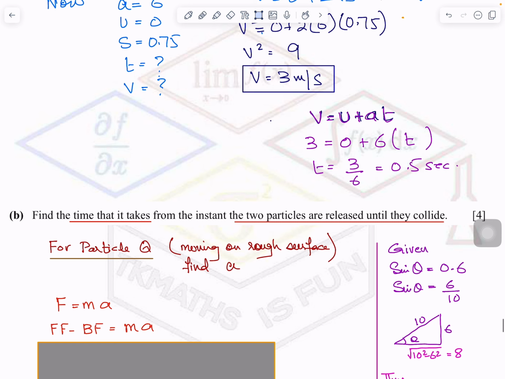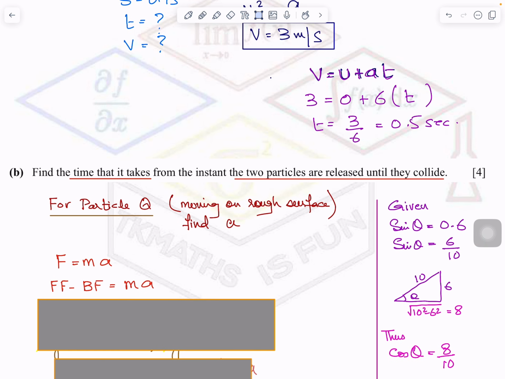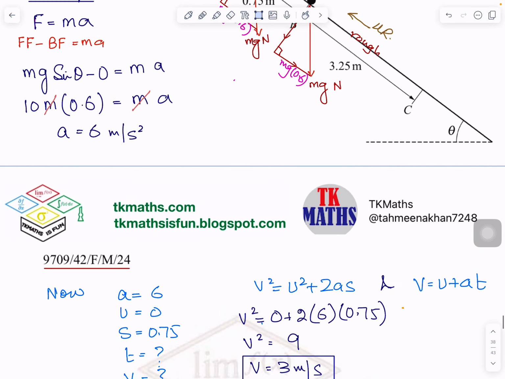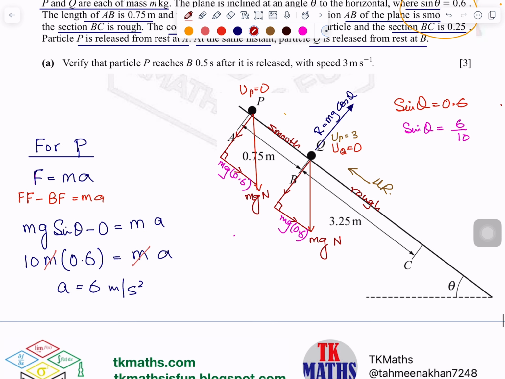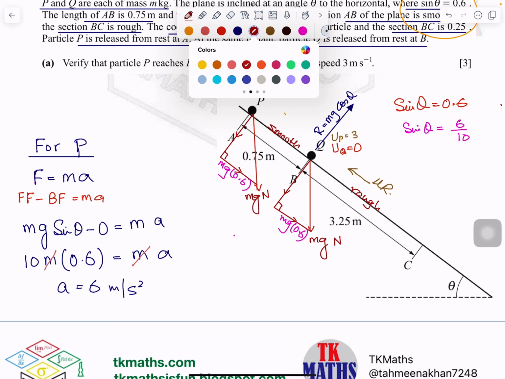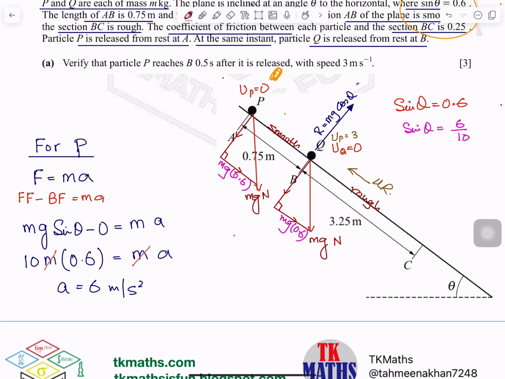Now part B. Find the time that it takes from the instant the two particles are released until they collide. Now what is actually happening here? Let me show you. When particle P is released from here, particle Q is released from here, it happens at the same time.